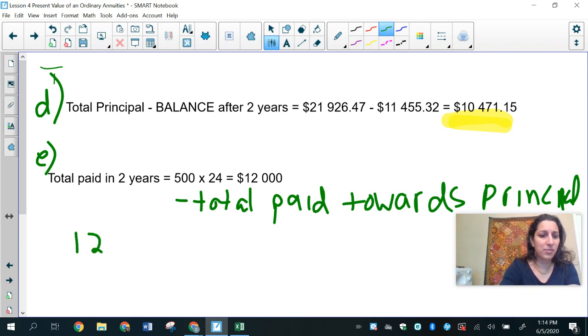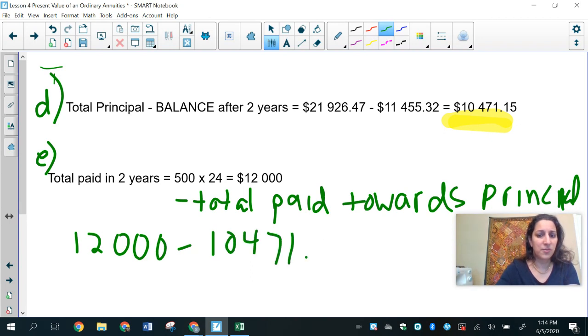So $12,000 minus the 10,000 that was paid towards the principal, 471.15, and that's how much in interest she paid in 2 years.